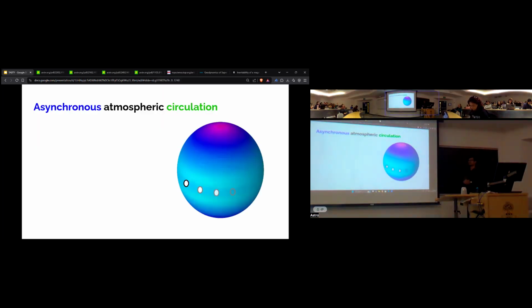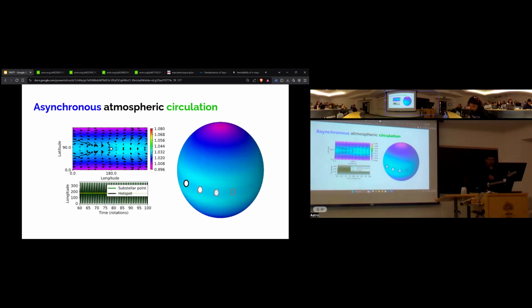Coming to asynchronous planets, of course, the Earth is the most common or relevant example. What we have is a moving substellar point, so it's not at the same location at all times. And you can see that the blue and the green and the black lines overlap one another, which means that if you thought of Earth as not being tilted, then the substellar point and the hotspot would just move along with one another.